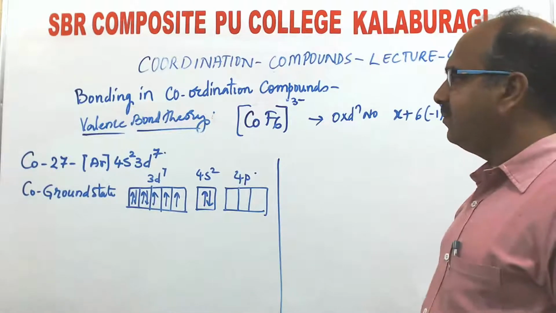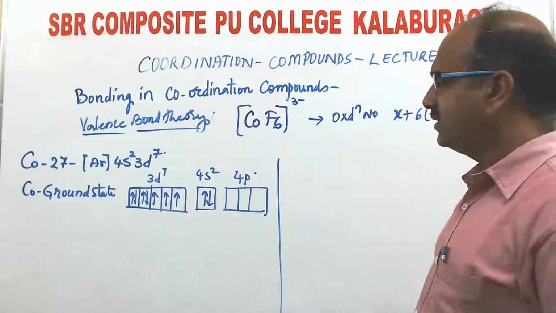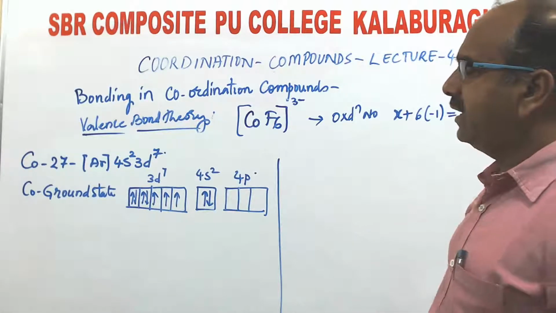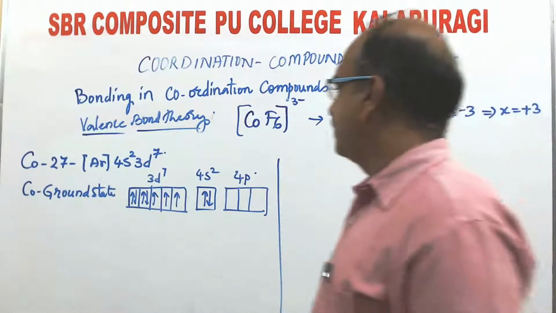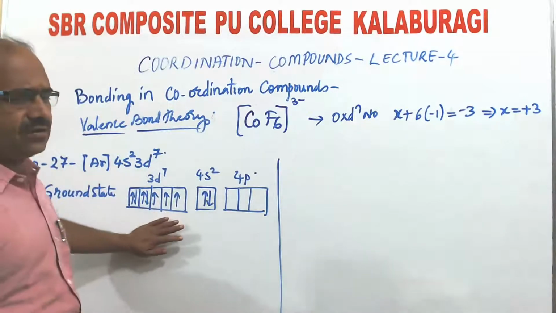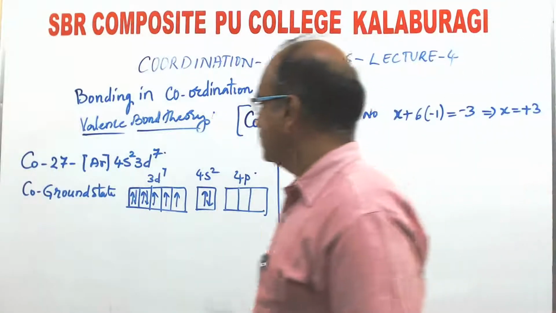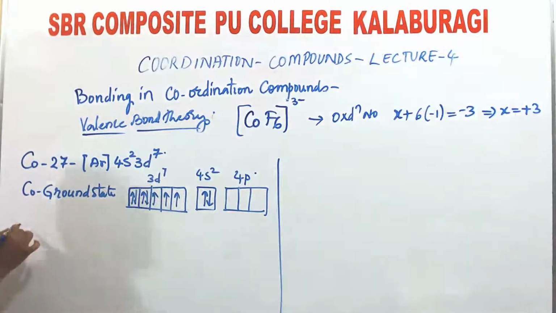These are 2 electrons. So this is the ground state electronic pattern of cobalt. Now fluorine atom, I told you it's a weak field ligand. It does not force the electrons to pair. So what will happen here is, we have to come to Co3 plus, Co plus 3.